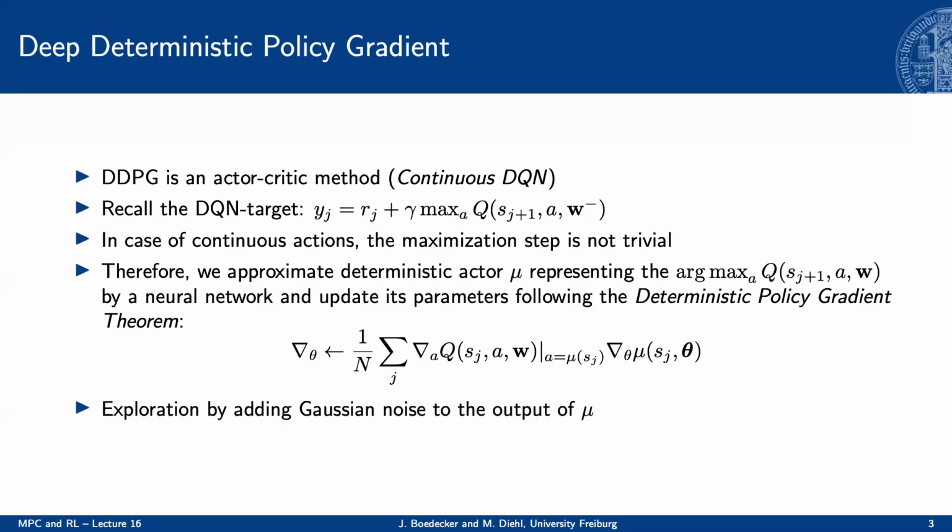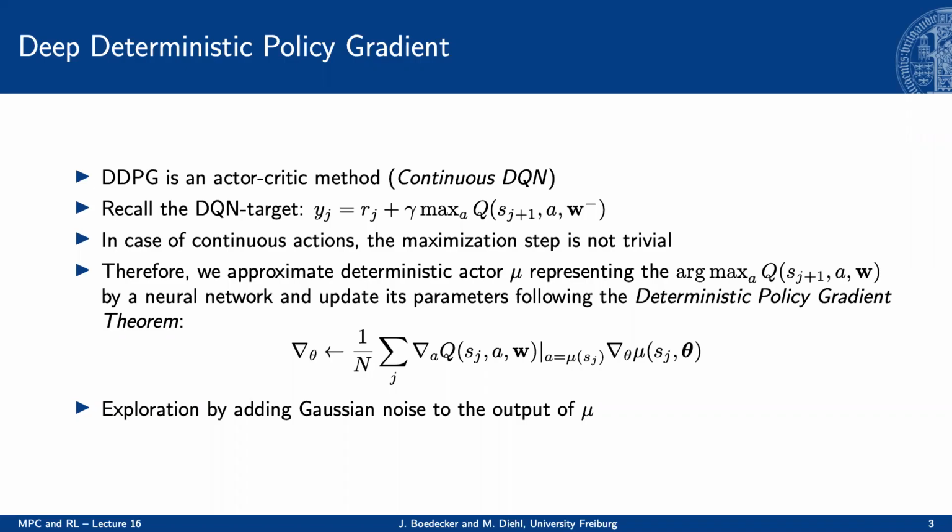But the main problem, of course, now that we have continuous actions, is that the maximization step in continuous space is non-trivial. This could be done with optimization, and it is sometimes done with optimization methods. But that can be costly depending on your problem.